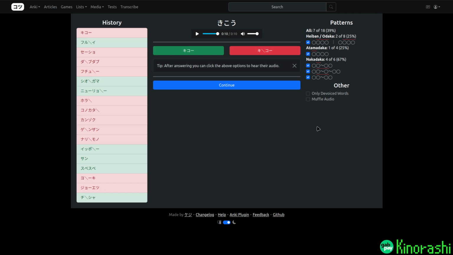Mitsu, 三つ, is low and then high, and then yotsu, 四つ, is low and then high.